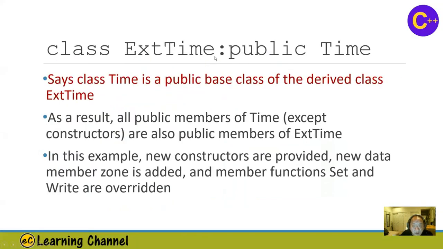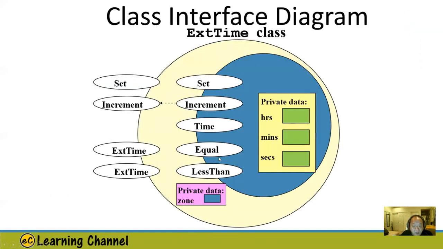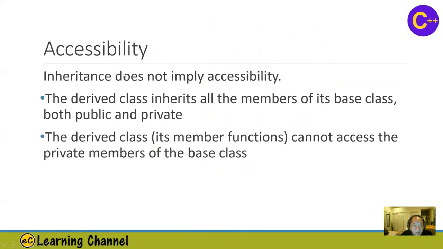That's the class. So it extends public time. Say time is a public base class of the derived class EST time. It's a base class, and the one inheriting is called the derived class. As a result, all public members of time are also public members of EST time. That is called accessibility.